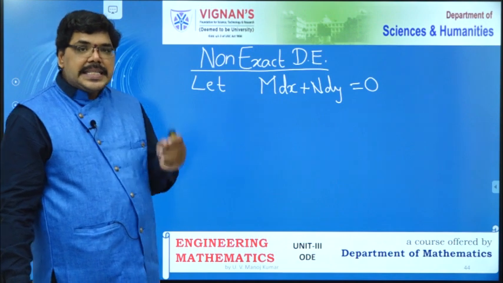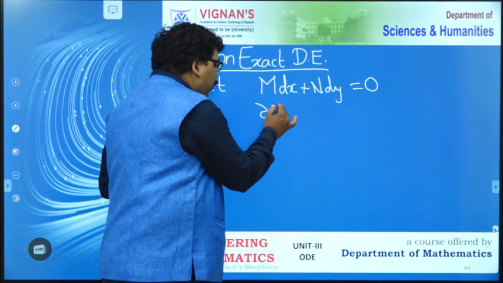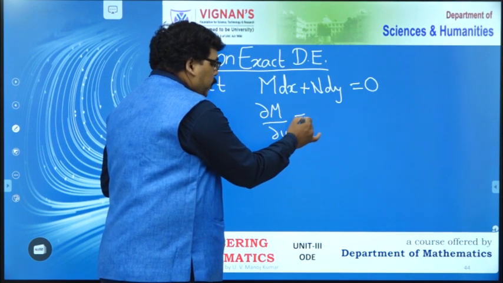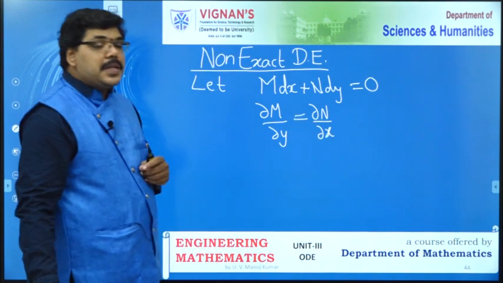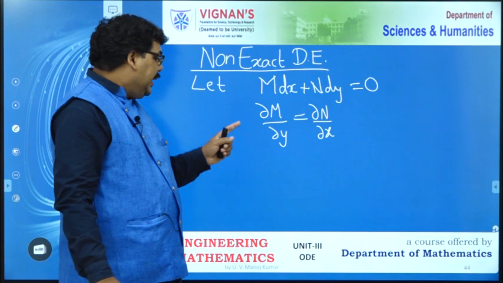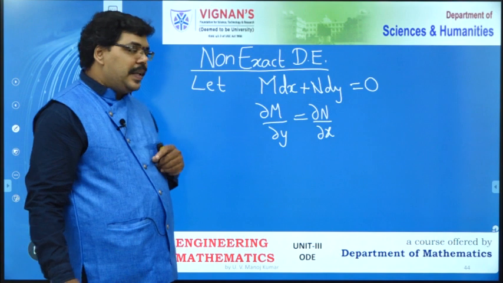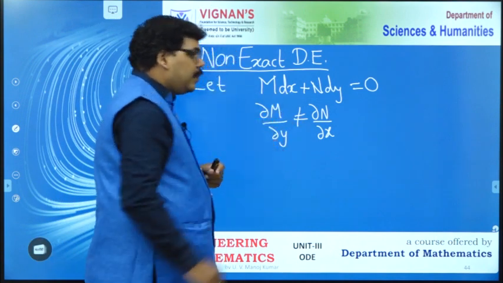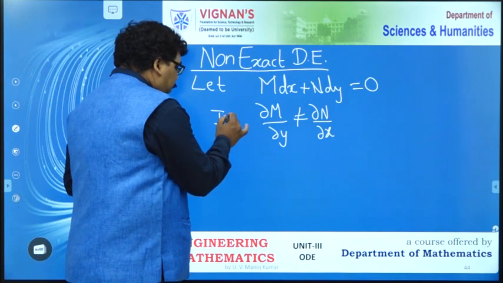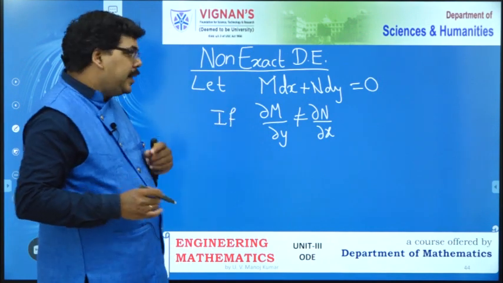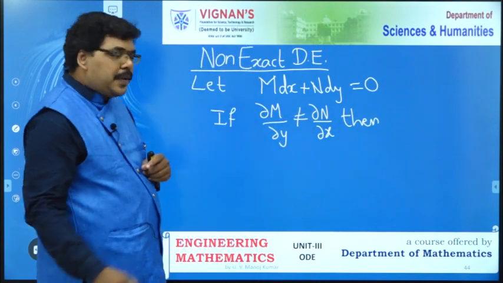What is the necessary and sufficient condition for exactness? ∂M/∂y equals ∂N/∂x. If both of them are equal, then the above differential equation is exact. If they are not equal, then the given differential equation is non-exact.